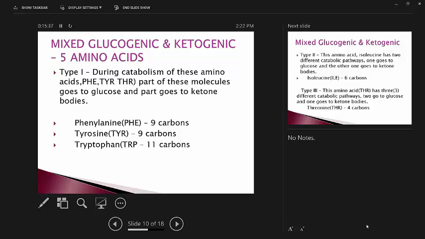So they're producing both. Every time you break down a phenylalanine, you're going to get something that goes to the ketone bodies and something in the other half that goes to glucose. So they're both. If somebody was having problems with ketone body formation and gluconeogenesis, that could be a problem.